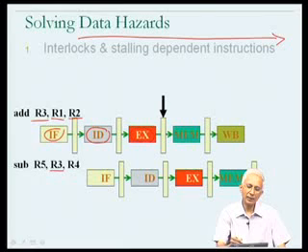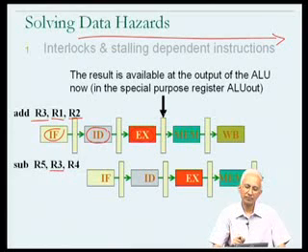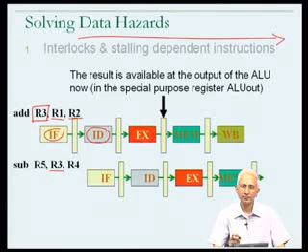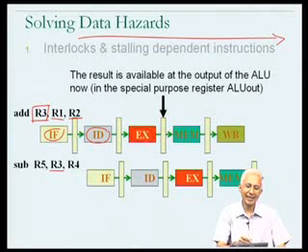Now the reason that we are particularly interested in that observation is that at the end of the EX stage, the result which is ultimately going to go into register R3 has actually been computed. You'll remember that the result is the result of adding the contents of register R1 to R2, and that happens in the ALU during the EX stage of the add instruction, and therefore by the end of the EX stage of the add instruction, the value which is going to go into register R3 is known. It is available.